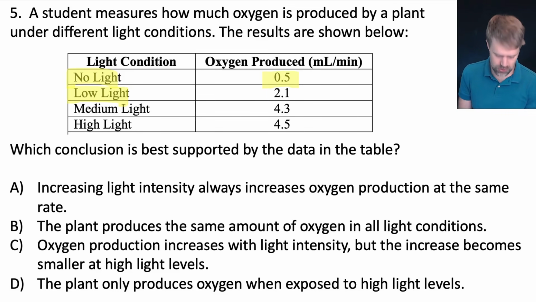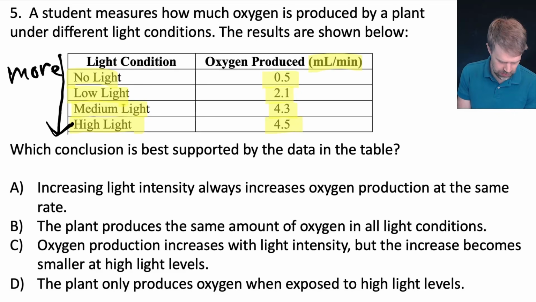How much oxygen is produced? 2.1 milliliters per minute. Medium light, 4.3 milliliters per minute. High light, 4.5 milliliters per minute. Okay? So we have the light increasing in this direction, more light.